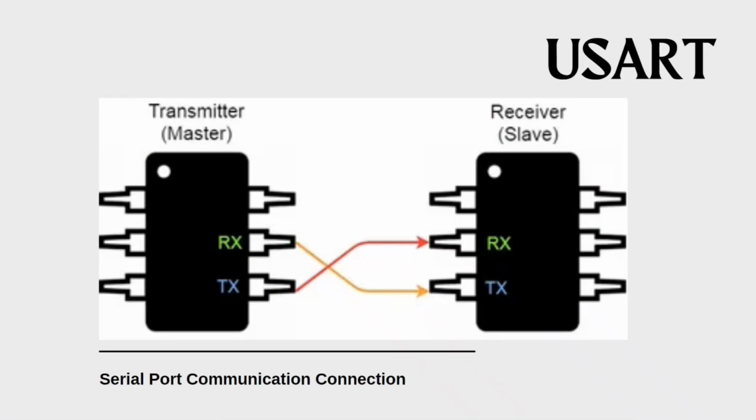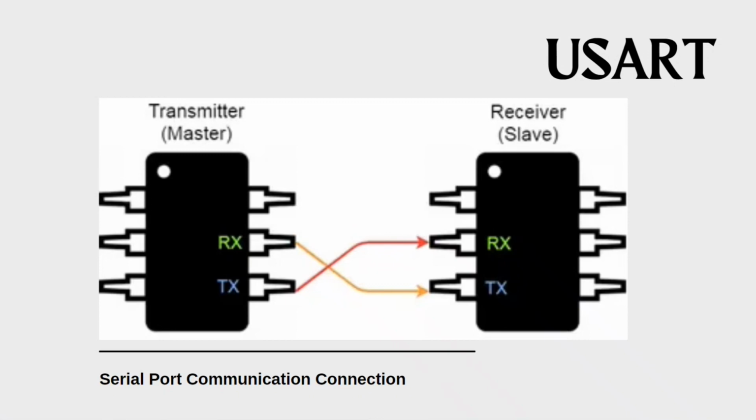This is inside the USART chip, which is built into the microcontroller. USART stands for Universal Synchronous Asynchronous Receiver Transmitter, which is used to transmit or receive data within the microcontroller.